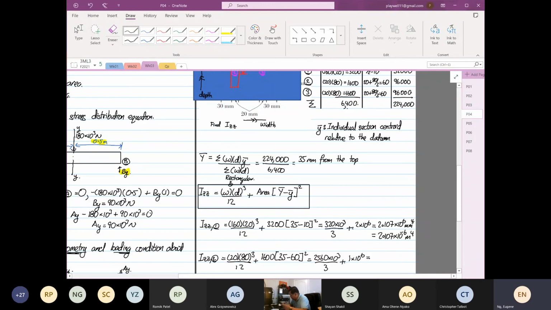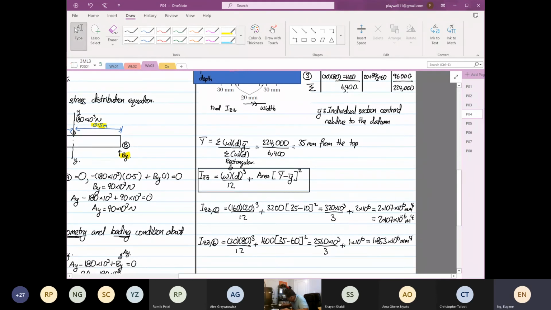So this is 2560 to the power 3 divided by 3 plus 1 to the power 6, equal to 1.853 times 10 to the power 6 millimeter to the power 4. And this is equal to 1.853 times 10 to the power minus 6 meter to the power 4.